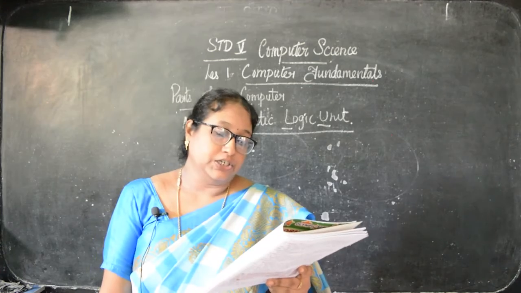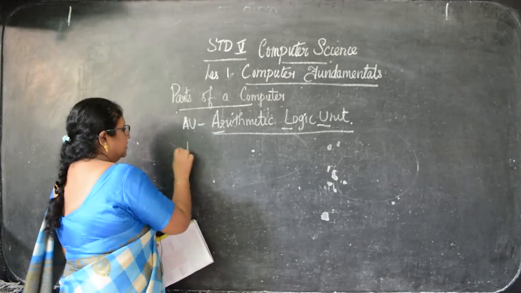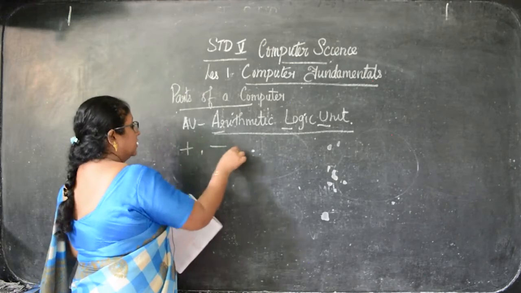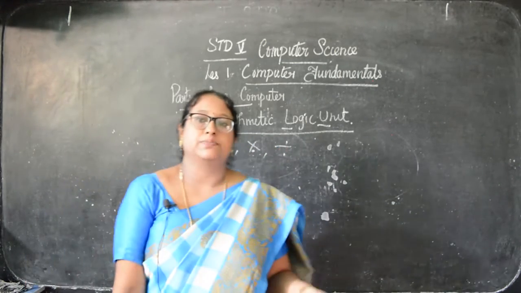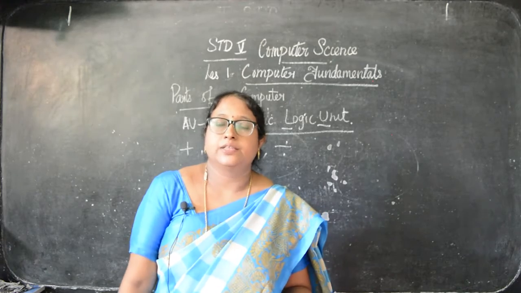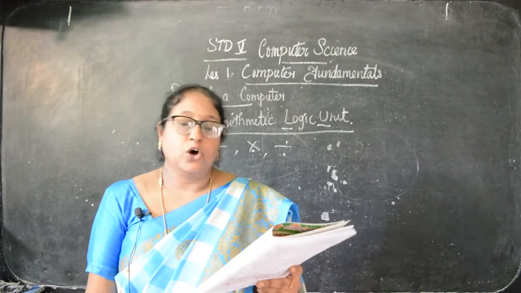Here the arithmetic logic unit performs the arithmetic operations like addition, subtraction, multiplication and division. Arithmetic means mathematics, right? Arithmetic operations on the data.